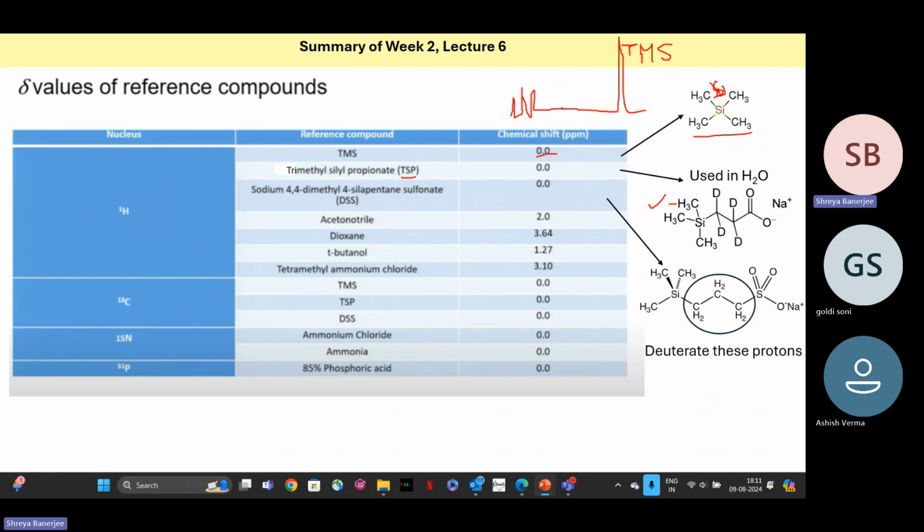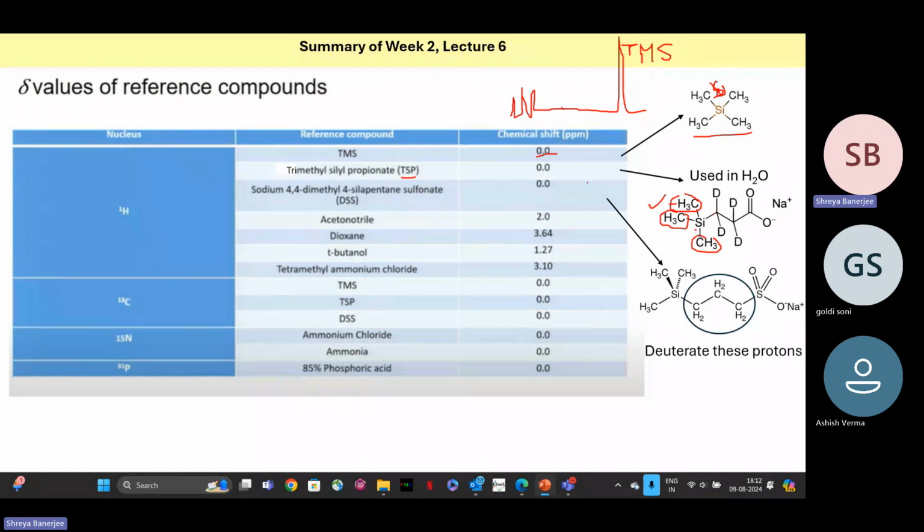Trimethylsilyl from the silicon, and propionate because there is a propanoic CH2CO minus propionate group. Now only the CH3s are maintained as hydrogens and the rest are deuterated, because again we want only one signal for the reference. So these 3 methyl groups are equivalent and so they will appear as a single peak in the spectra. And so this can also be a good reference.